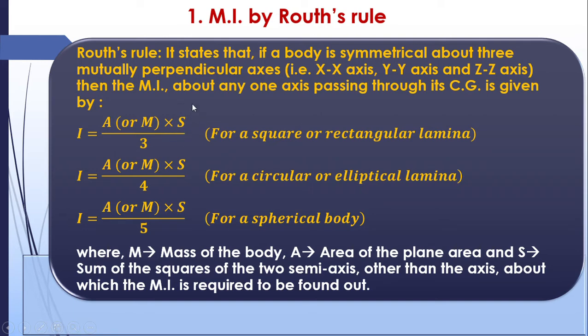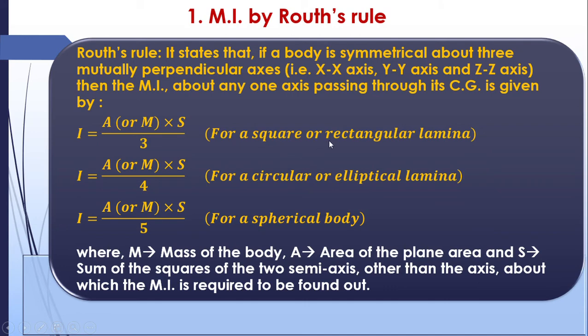This S represents the sum of the squares of the two semi-axes. If you are taking the x-axis, S is equal to y squared plus z squared. For the y-axis, it is x squared plus z squared. For the z-axis, it will be x squared plus y squared. So this is the square of the distance into area or mass.